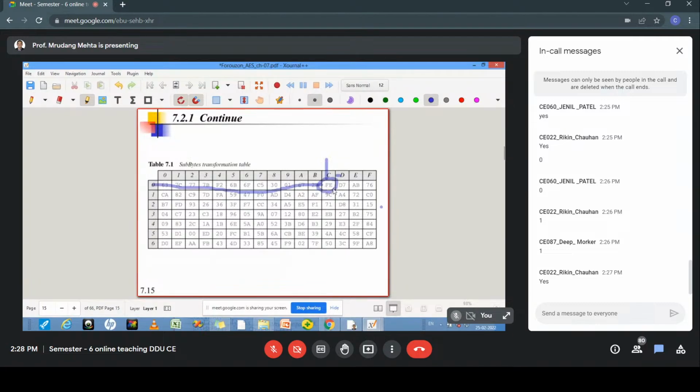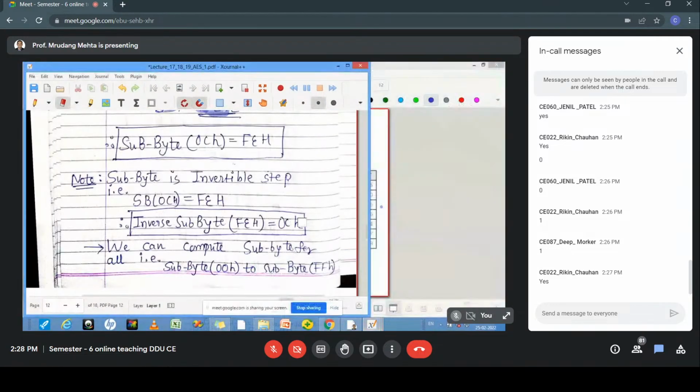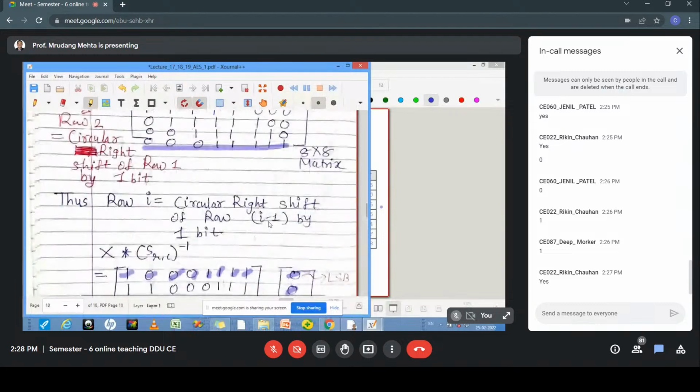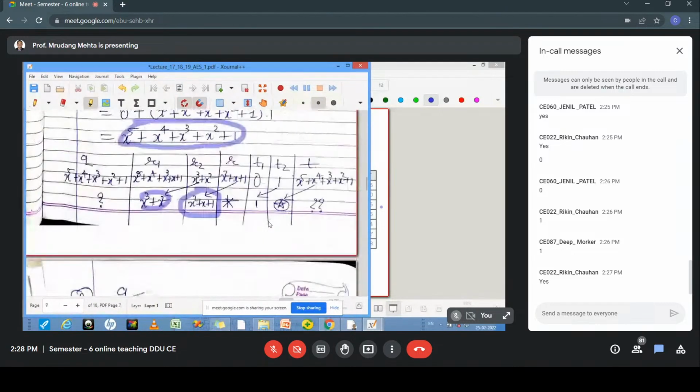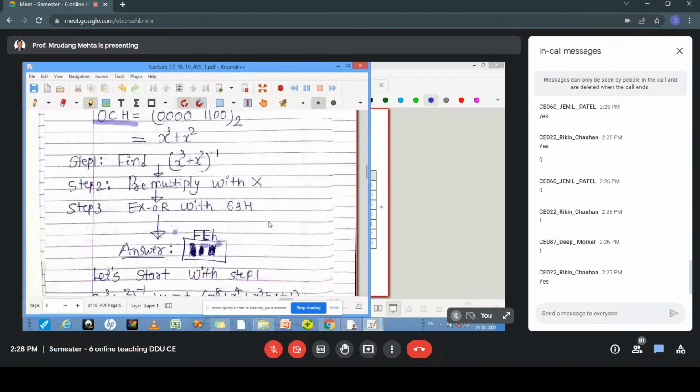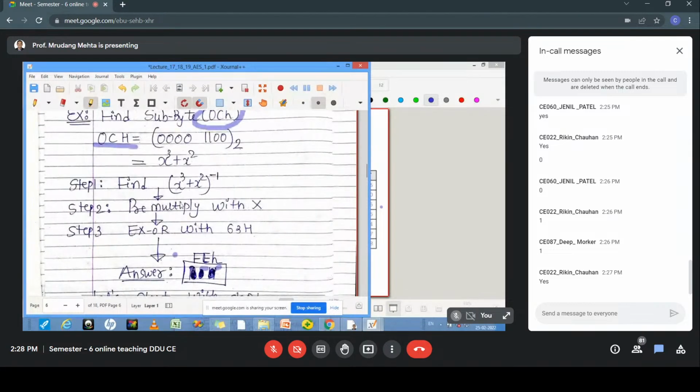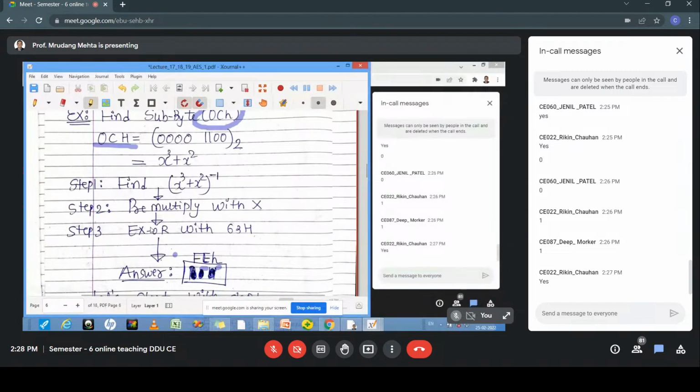So this FE is not a random value. This is actually an affine cipher. We actually perform an affine cipher here. This is actually multiplication followed by addition. So multiplication followed by addition is actually an affine cipher. So we multiply and then add, and our add operation here is nothing but XOR.